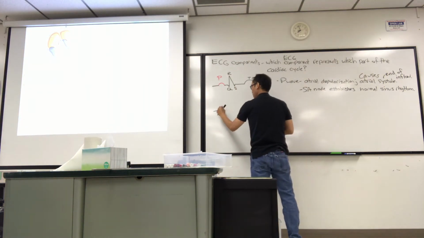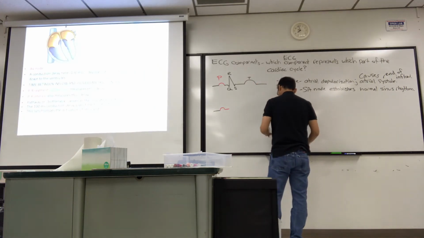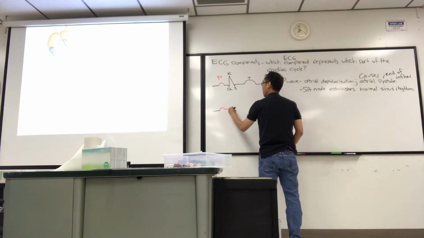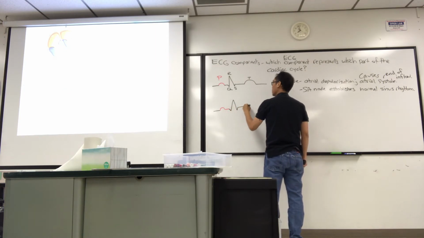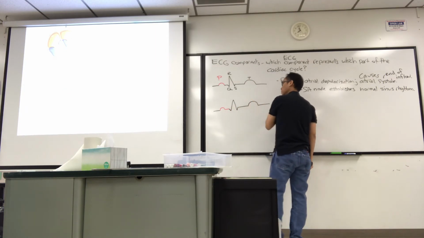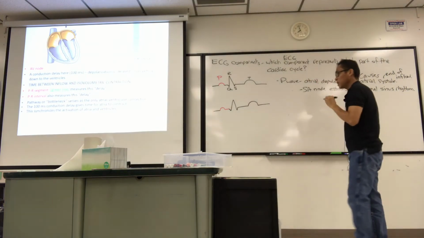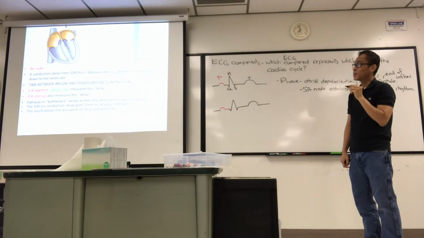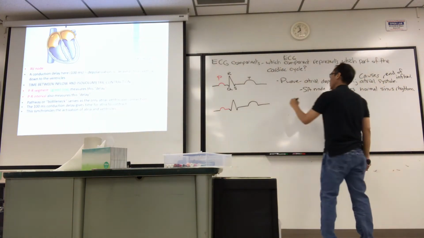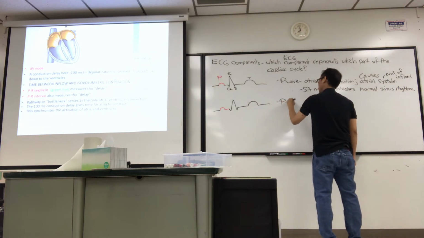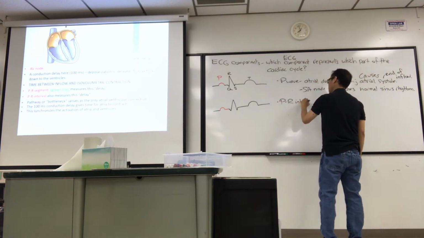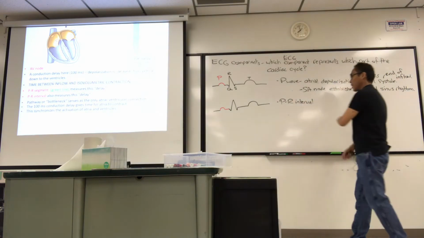Isoelectric line, so the P wave, then all the way up to right there, the QRS. So again, this ECG component, let's call this PR interval. That segment right there.